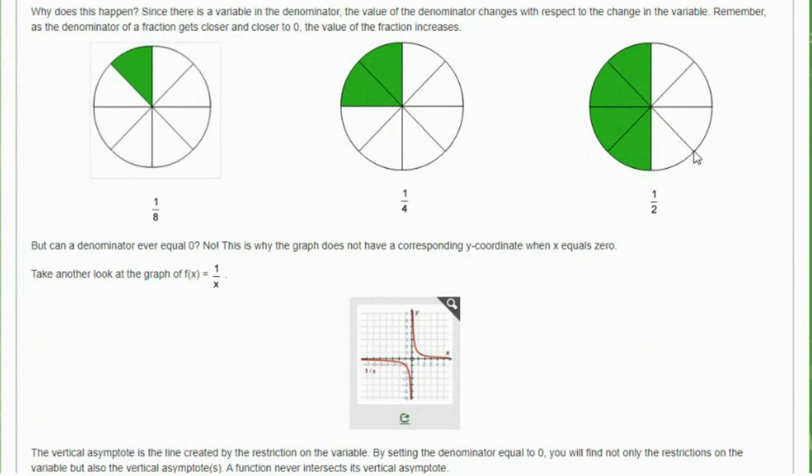1/8, 1/4, 1/2. But the x can't be 0, right? We can't have 1 over 0 because a fraction means divide. 1 divided by x. We cannot divide by 0 because that does not exist. That's an undefined fraction. So that's why it never touches.